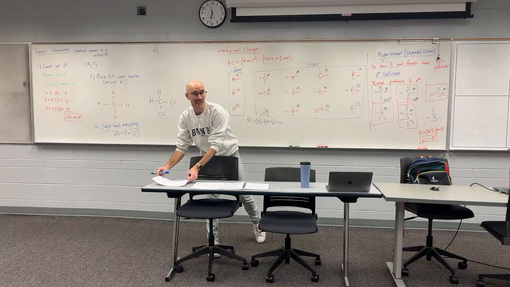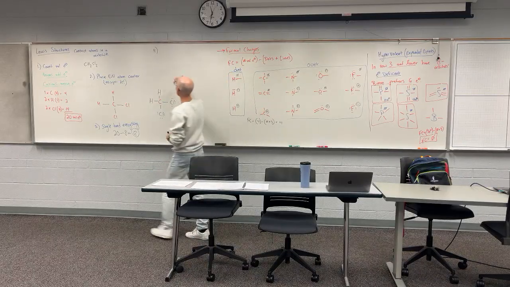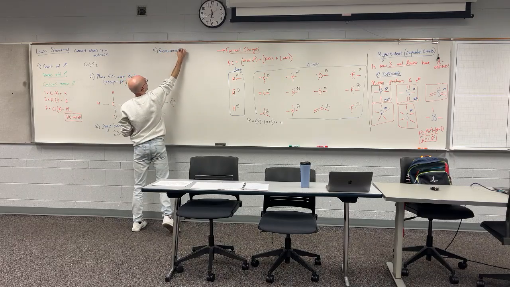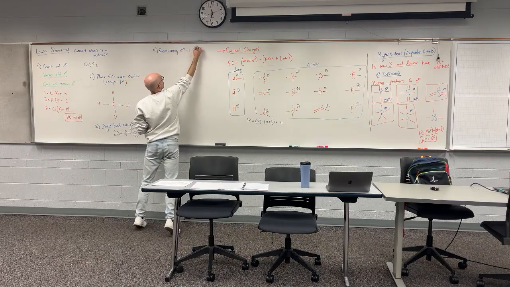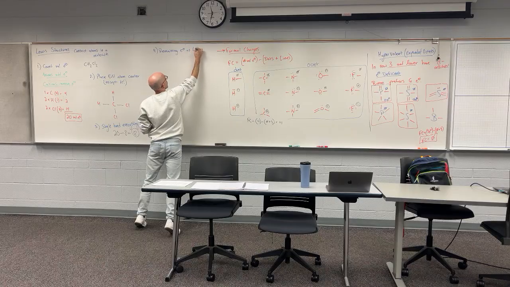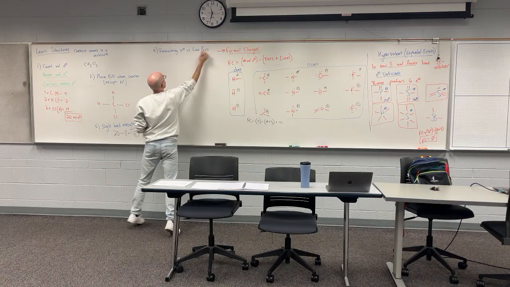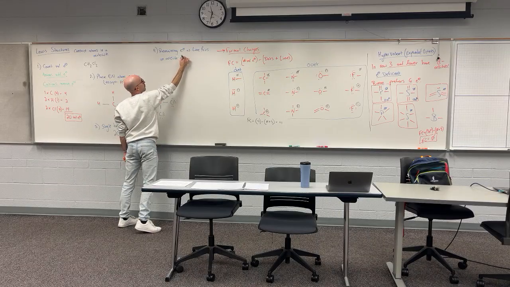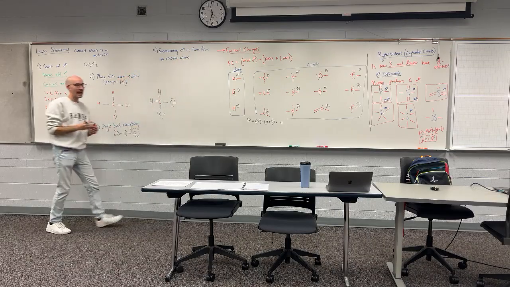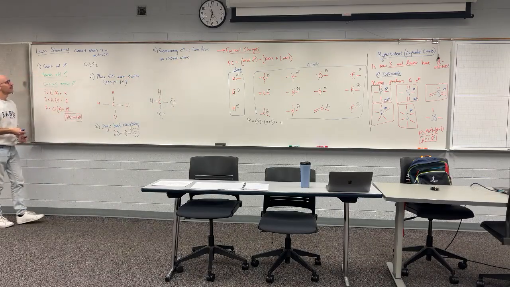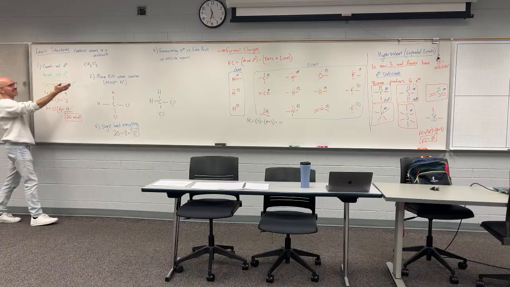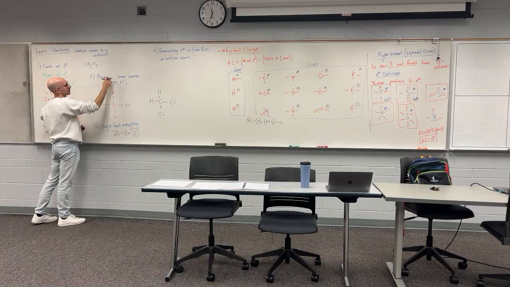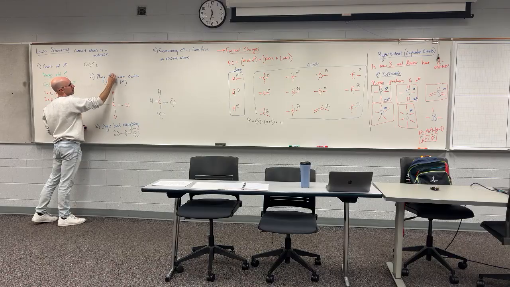Place the remaining electrons as lone pairs, and we're going to place these on the outside atoms. Why? Because we already placed... I realize I have a pretty awful mistake here.